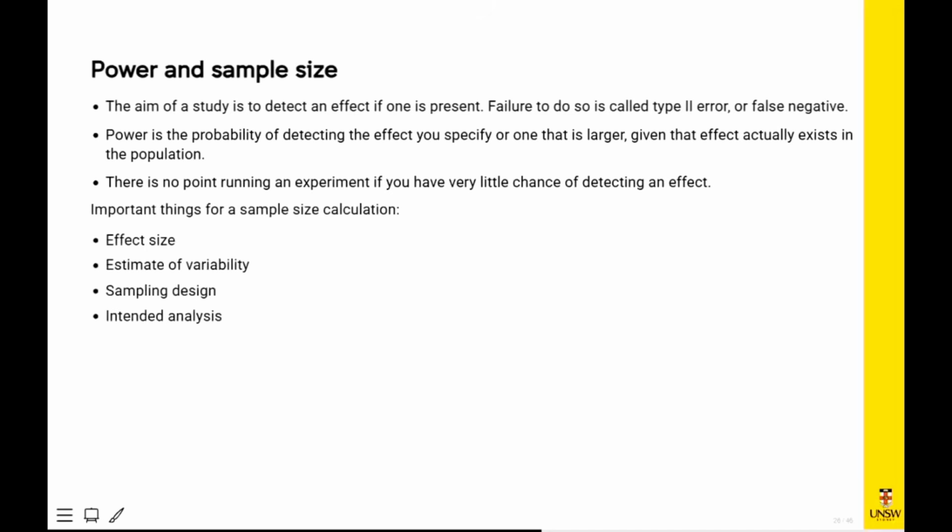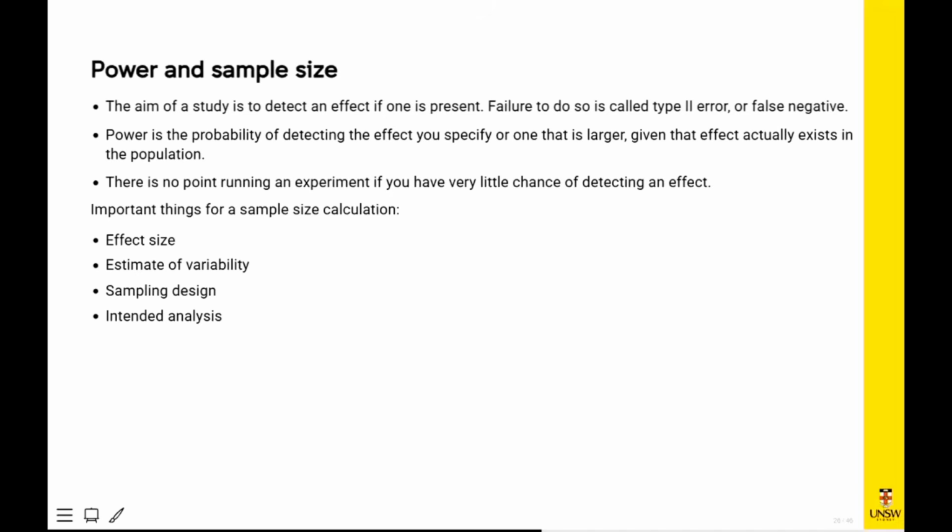So, important things to have ready when you are doing a sample size calculation before you run your experiment: a good idea of what your effect size is, what size is interesting and feasible. You need an estimate of variability of your outcome in the population.